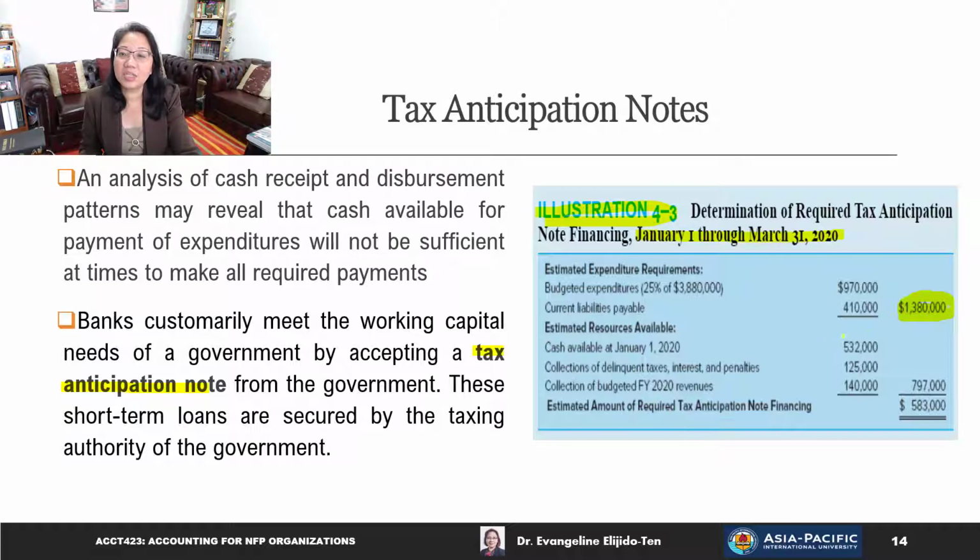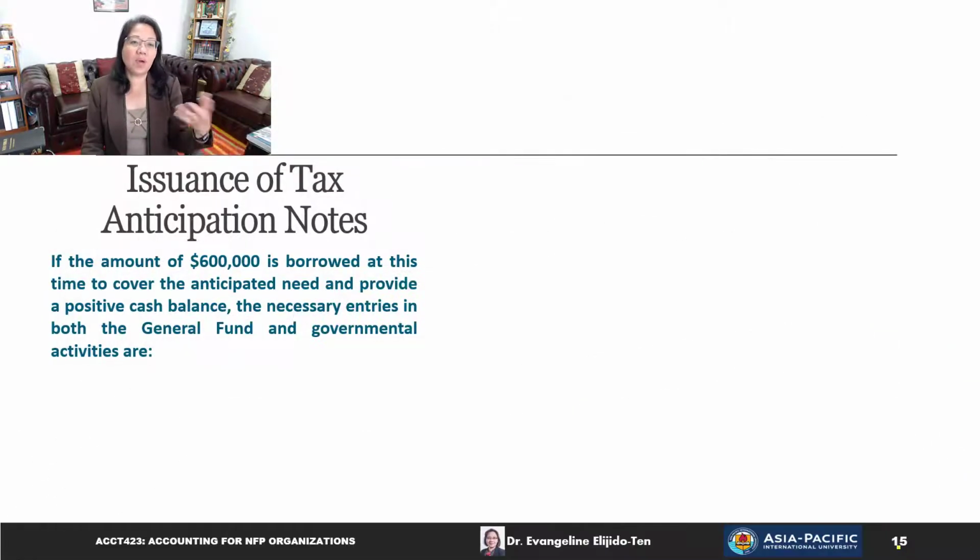And the cash that they're expecting to collect is only totaling $797,000. So that means they will be needing another $583,000, right? So what they can do is they will have to borrow from the bank. Instead of $583,000, they might borrow $600,000 just to make sure that they have sufficient cash there.